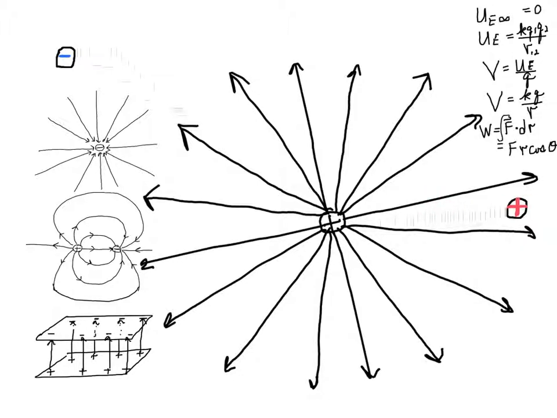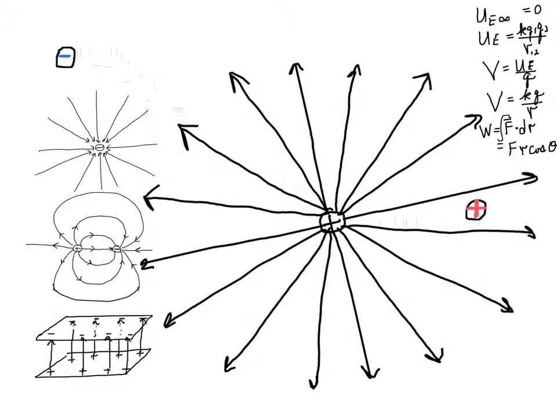And as it gets farther and farther away, it's going to stop accelerating because the force and the acceleration go to 0. And it will have a constant kinetic energy. And that kinetic energy that it has at infinity will be equal to the energy that's stored in its location wherever I start.